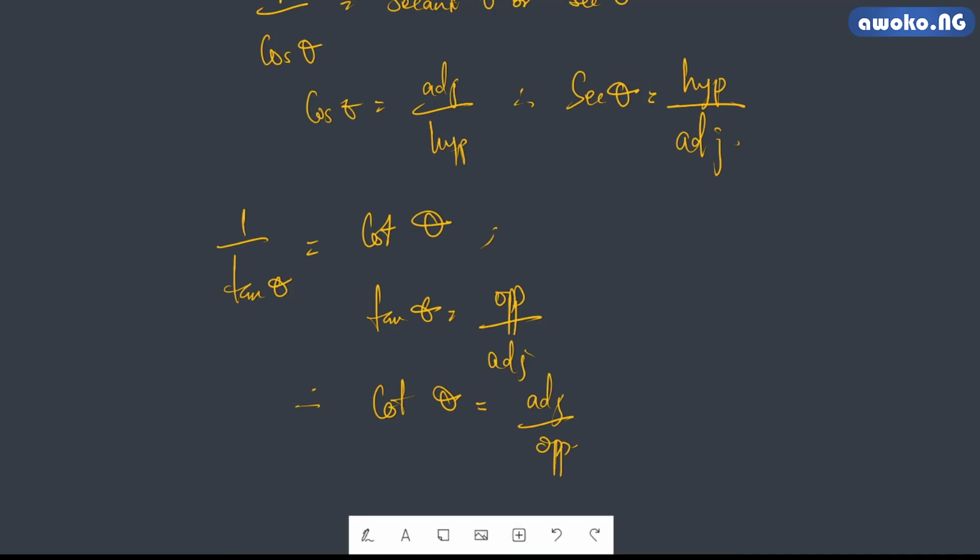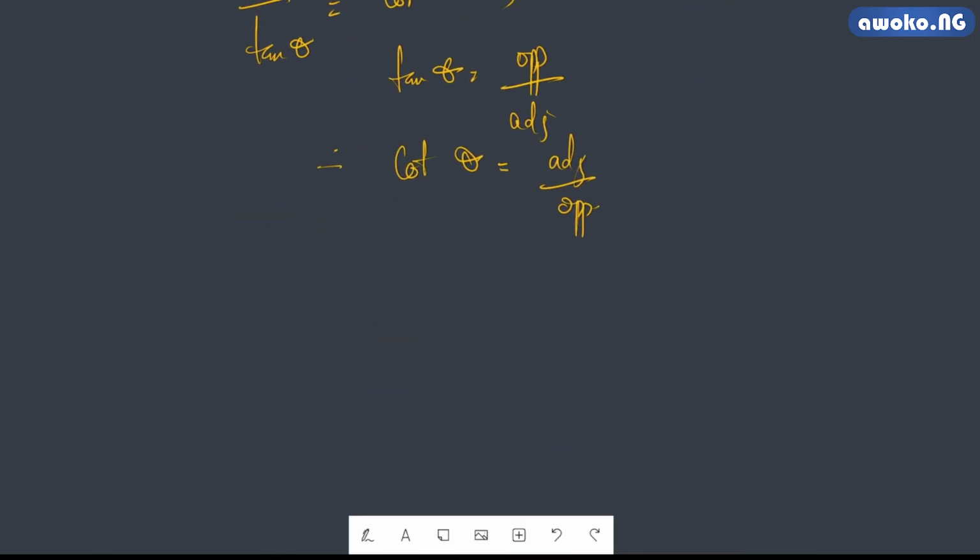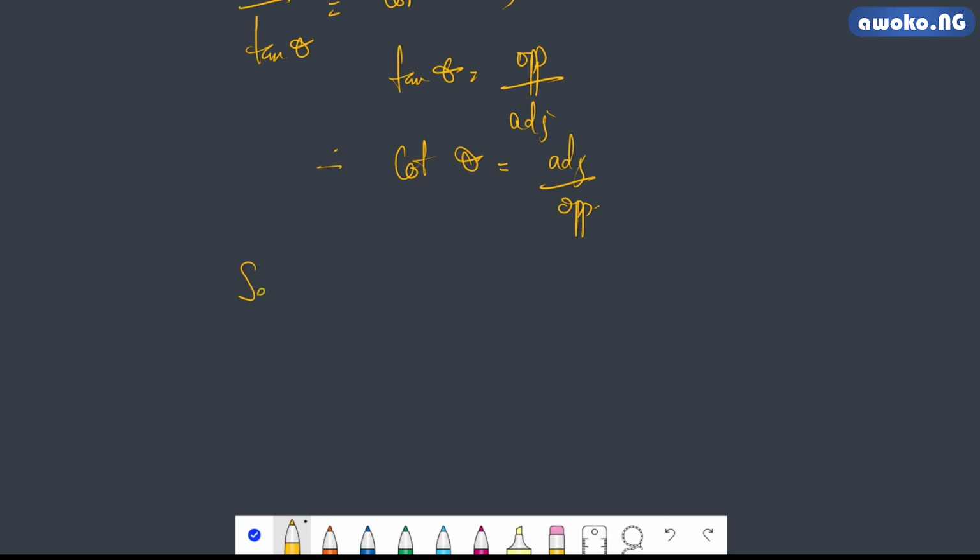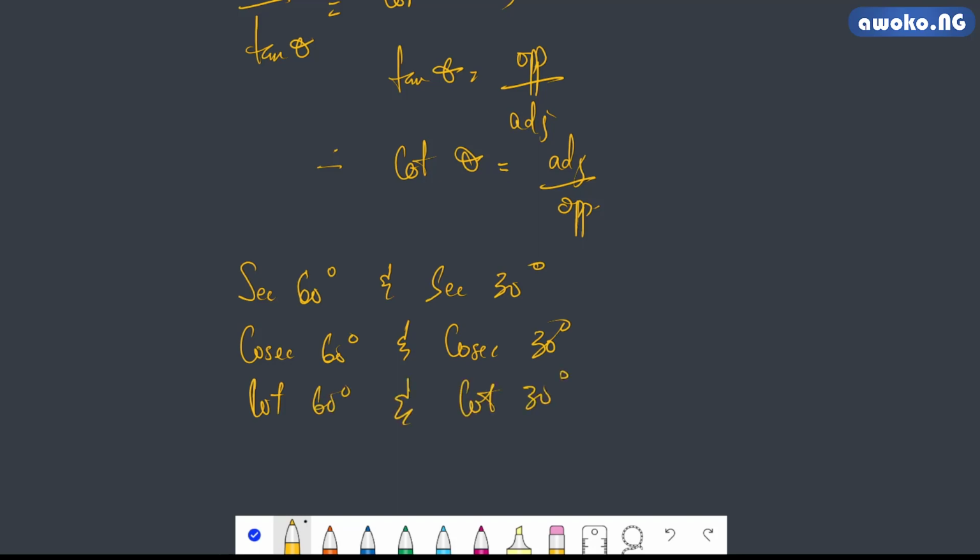Before I wrap it up on this segment, I would like you to compute, just like we did in the previous section, sec 60 degrees and sec 30 degrees, cosec 60 degrees and cosec 30 degrees, also cot 60 degrees and cot 30 degrees.